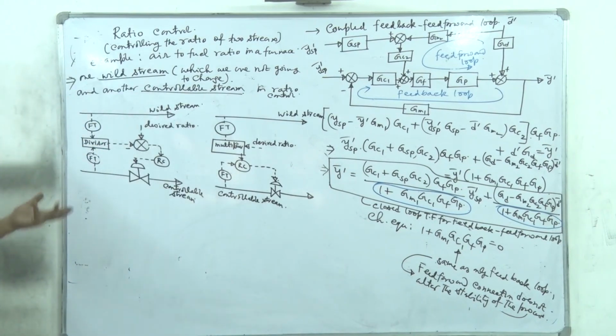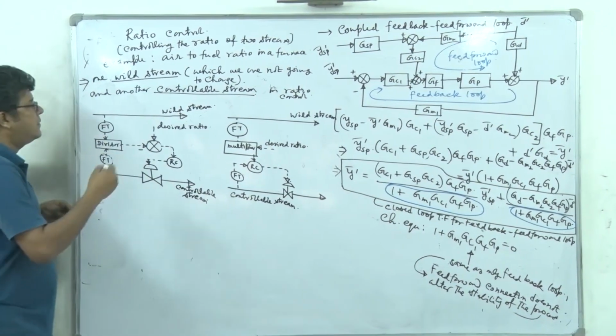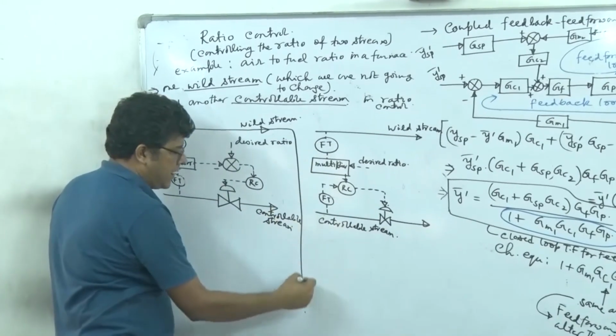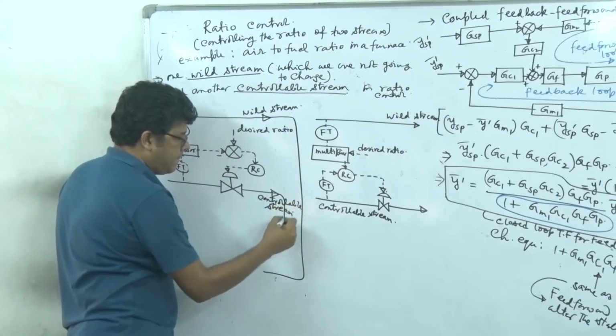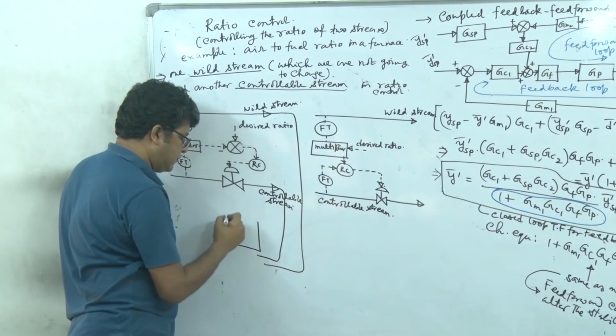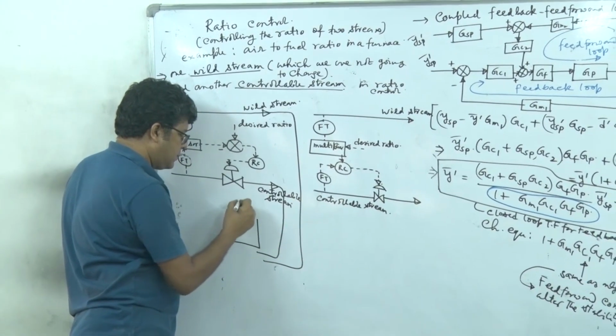So both of the schemes are implementable. Just as an example, these streams are being fed to a furnace.